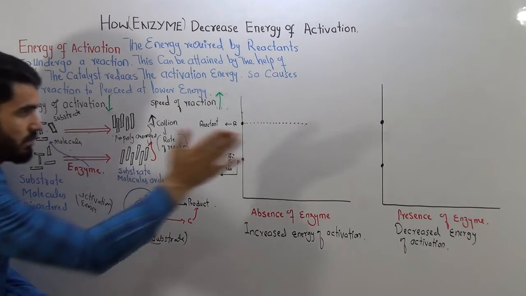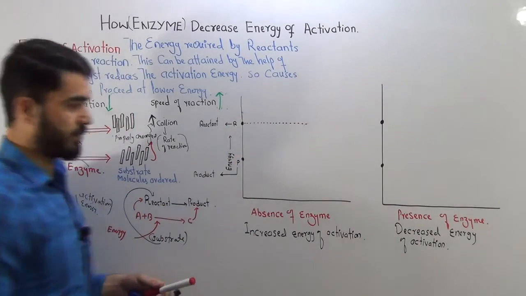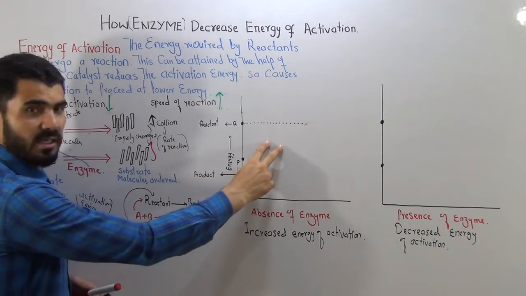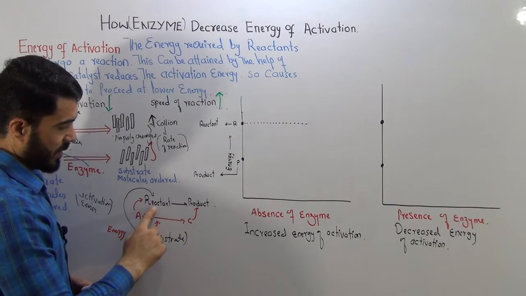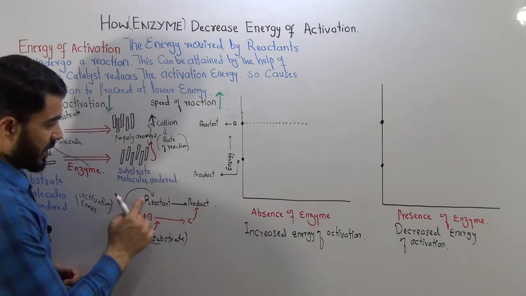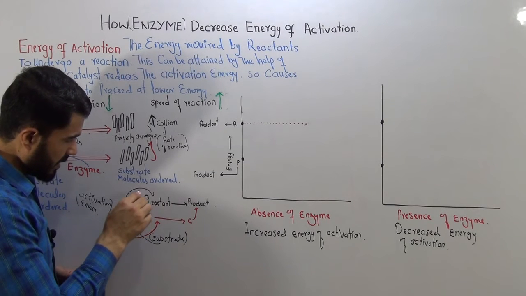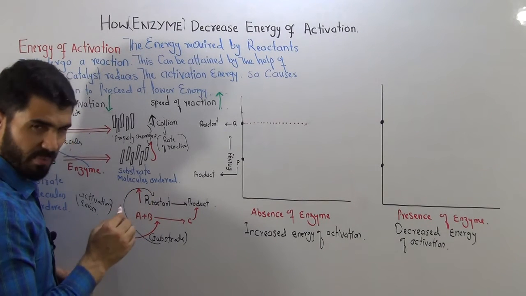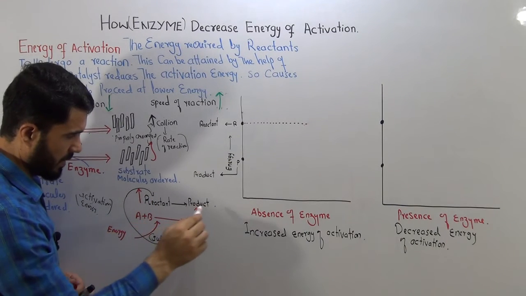Now, come to the graph here. Before we explain this graph, let me tell you one more thing about reactant and product in a chemical reaction. You must keep in mind that reactant has high energy, otherwise you will not be able to understand this diagram.